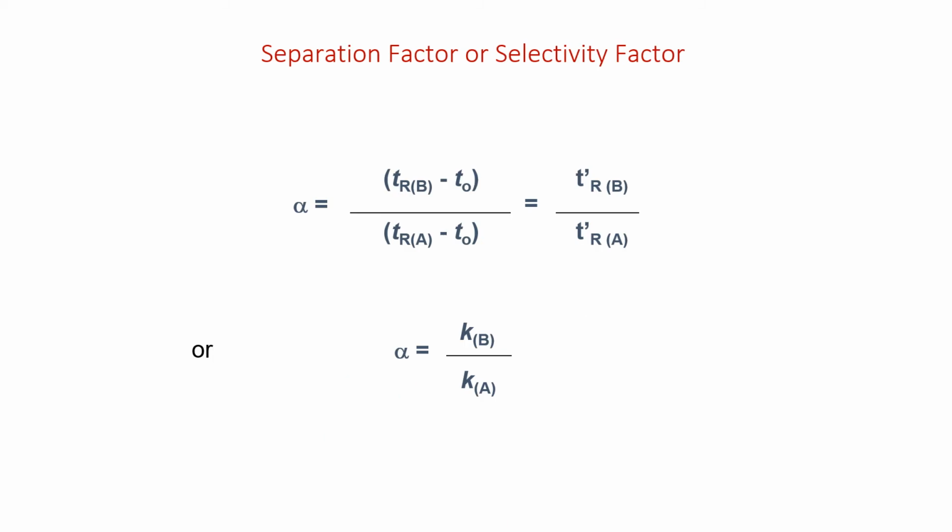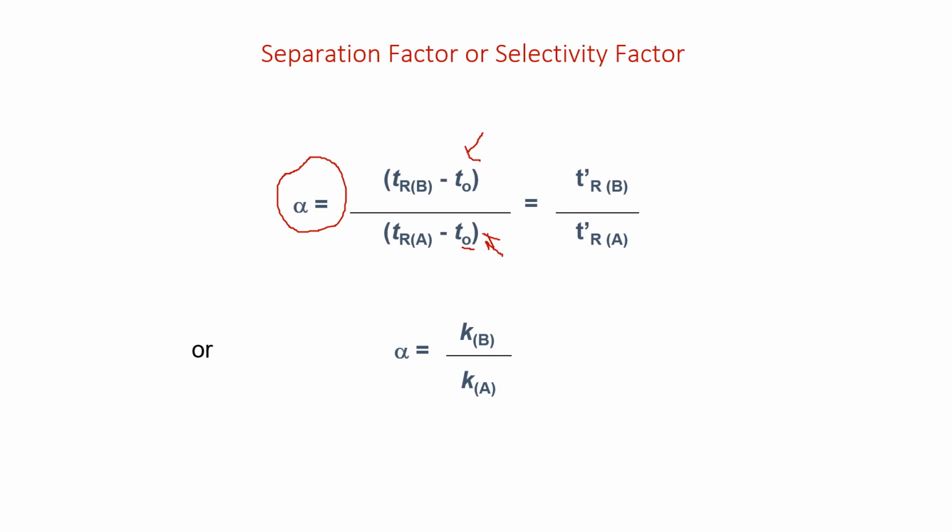And then we have the separation factor, or selectivity factor, definition. This alpha is a measure of how well the column retains an analyte as compared to the void volume. It means how far it is from the void volume.